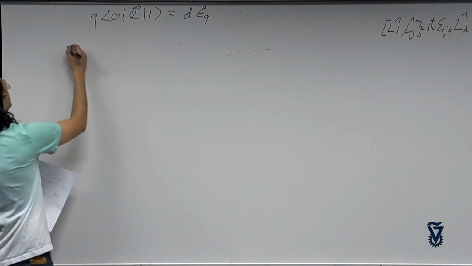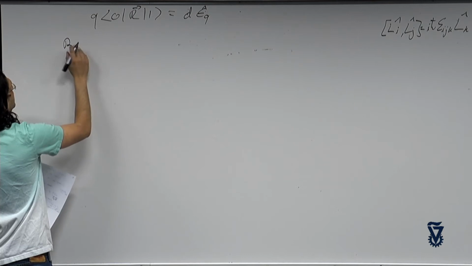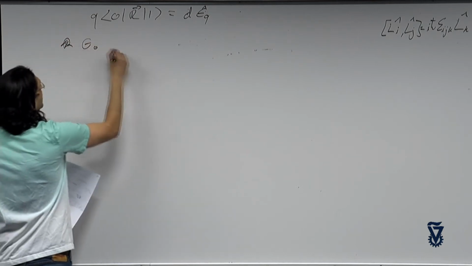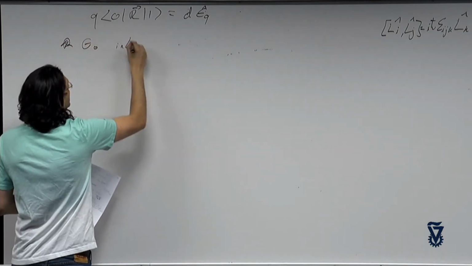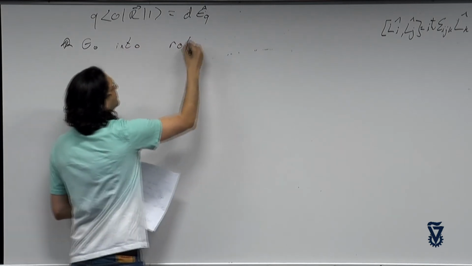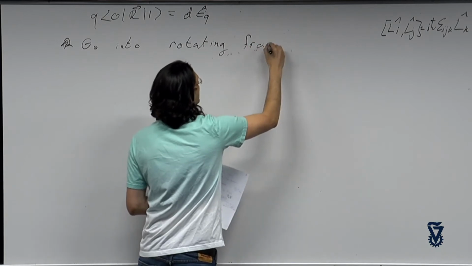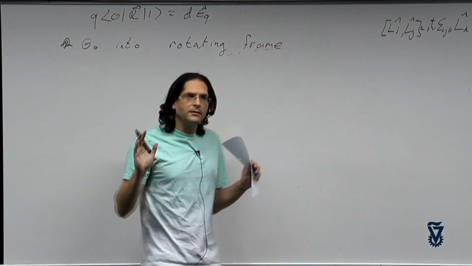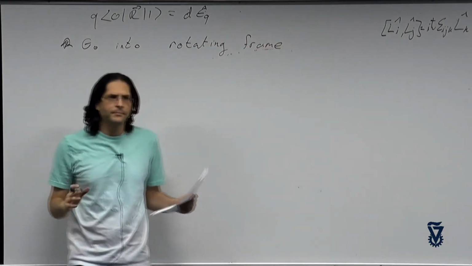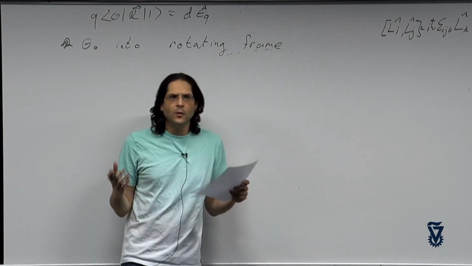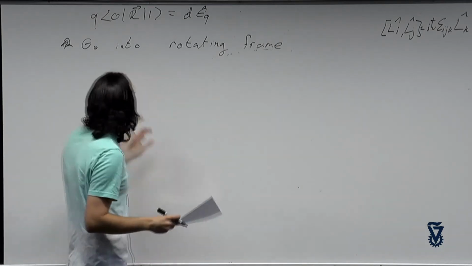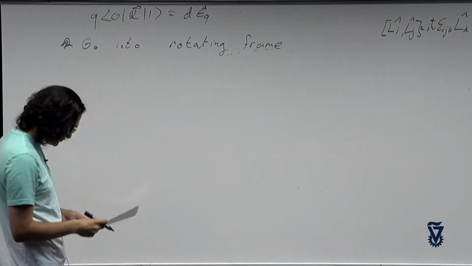So now what we're going to do is go into the rotating frame. And we're basically doing the same things that we did with our magnetic moment. Okay, so we're going to go into the rotating frame.